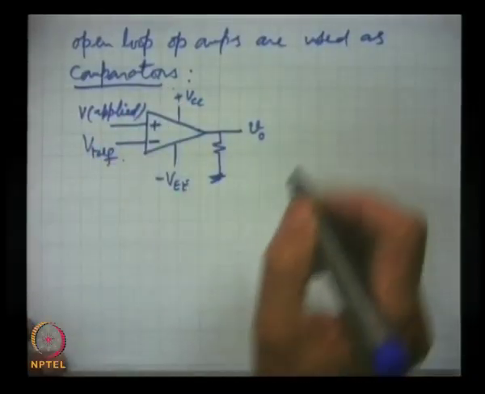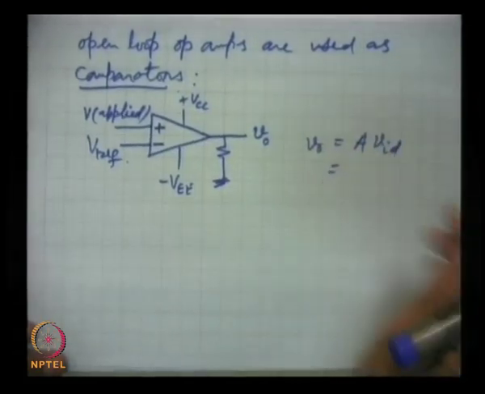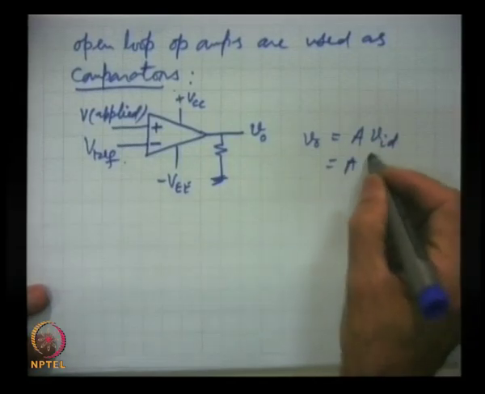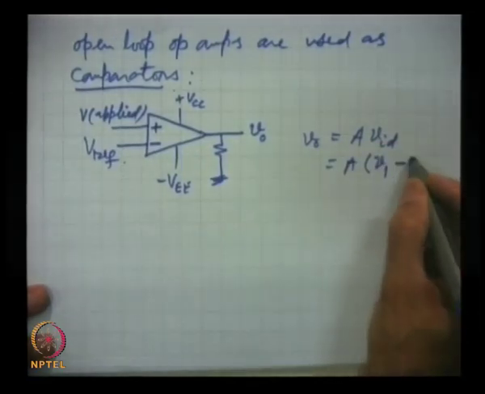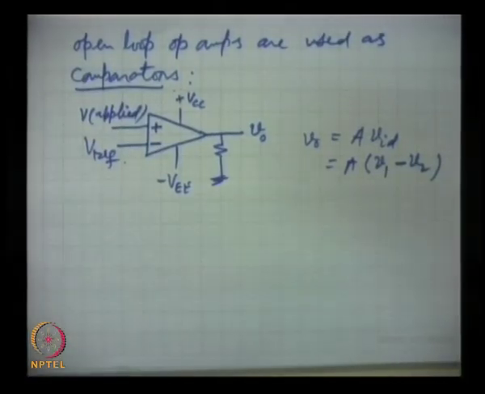This is not used as an amplifier, but one of the applications for open loop is as comparators, where V0 will be A times V_id, that is A into V1 and V2, where one of these can be a reference voltage. So, this can be used as a comparator.